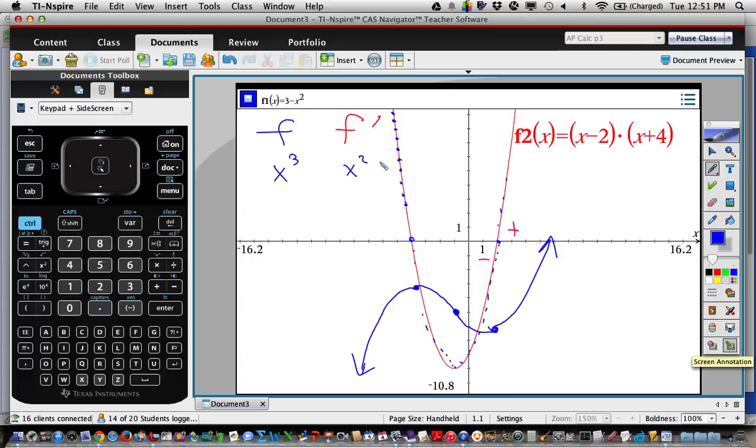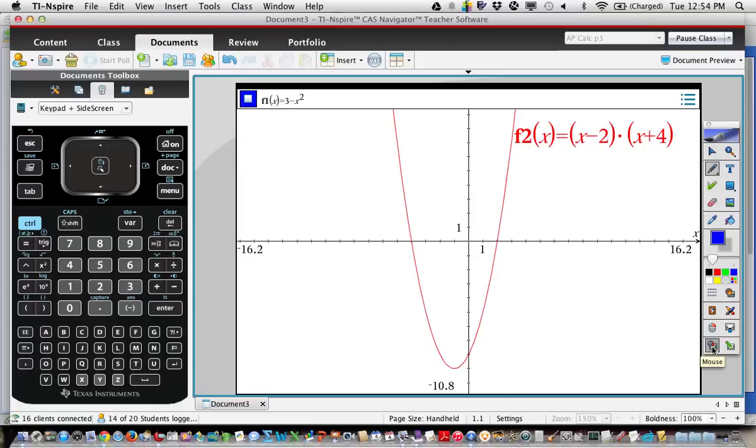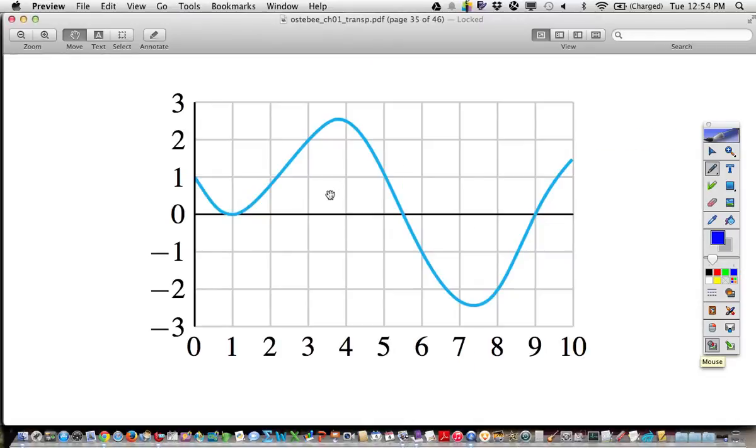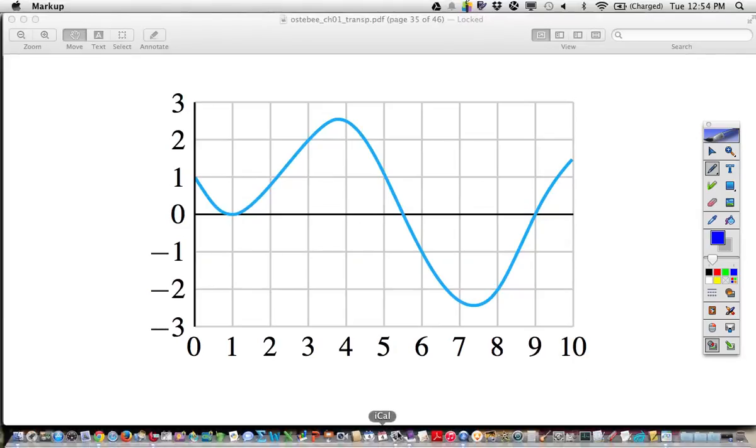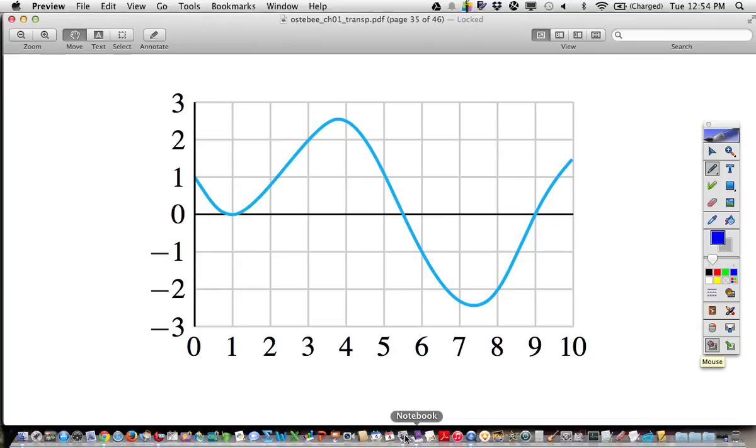All right, that is a pretty exhaustive look at the homework, and it was kind of important, I think, to do that this time. All right, get your notes out, and we are now going to add onto our chart some stuff about F double prime.